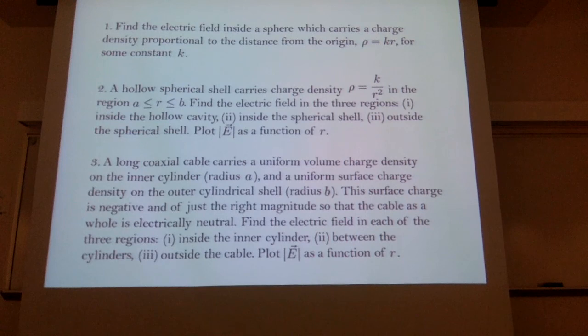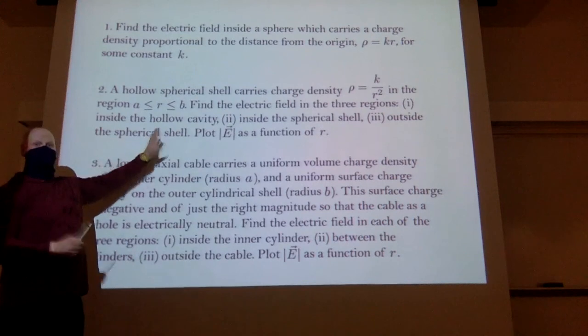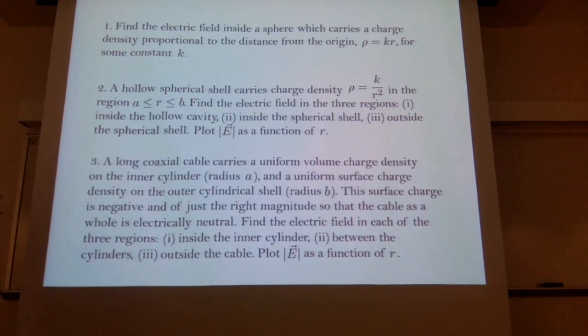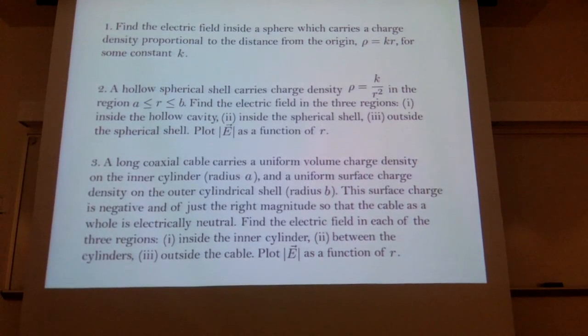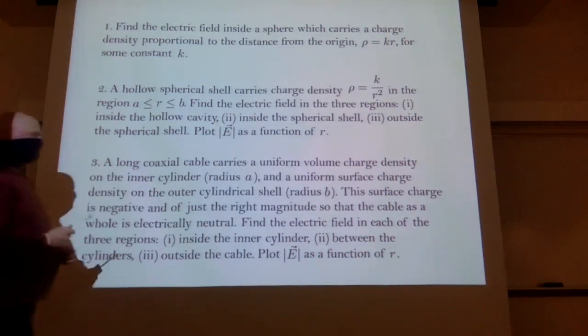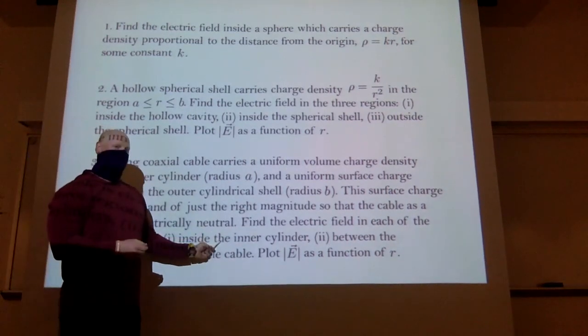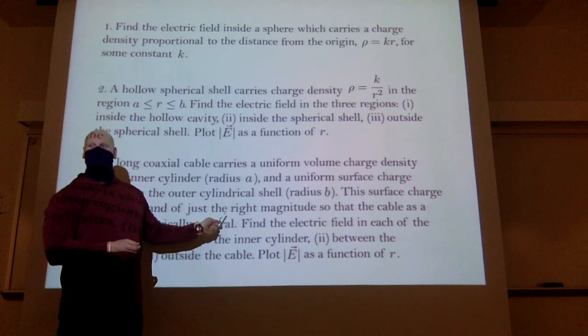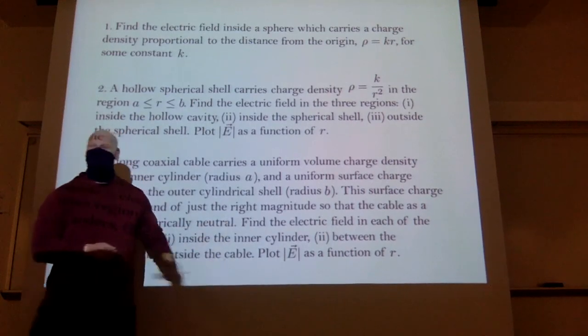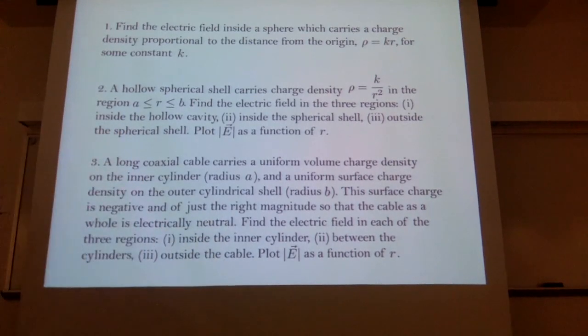Which means I have positive charge on the inside, negative charge on the outside, so how much charge is on the outside? 0. So that automatically tells you that the electric field outside of this coaxial cable is 0, because the total charge enclosed is equal to 0. Okay? So finally, what I wanted to do is determine the electric field inside of the wire, the electric field between the wire and the shell, and the electric field on the outside. Well, we already know the electric field on the outside is equal to 0.